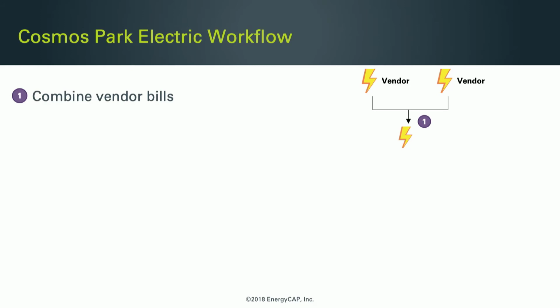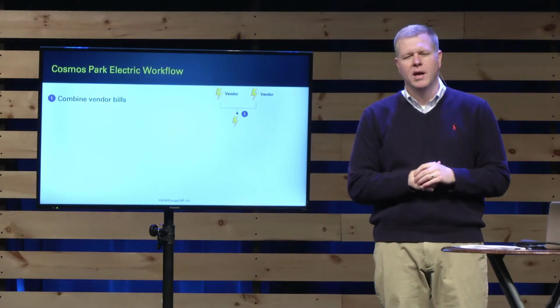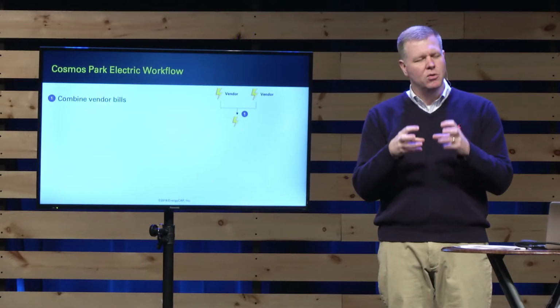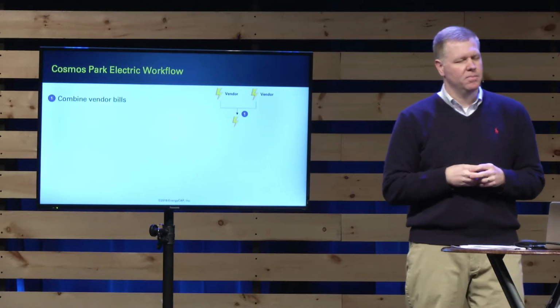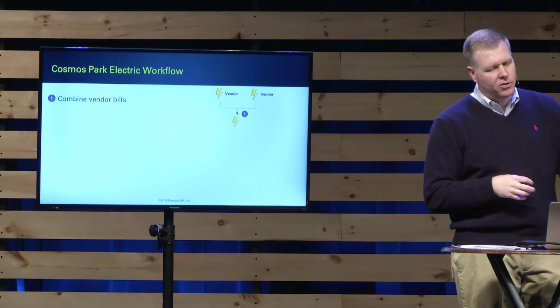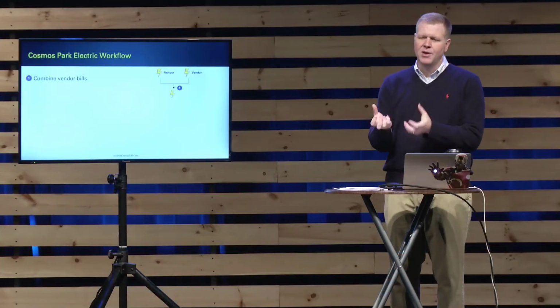Sure, we could report on the two meters by themselves, but one of the nice things about combining the costs together is I now have one place that I can look and find a real effective unit cost for a given month. By combining those bills together and all the use and the cost from both of those bills, I have a new unit cost that I can see on my system.